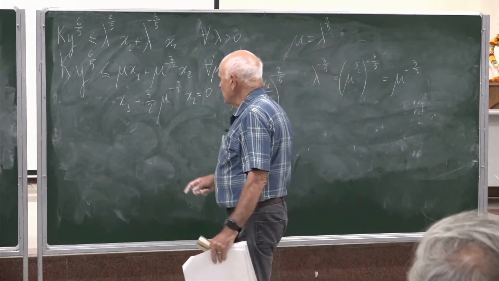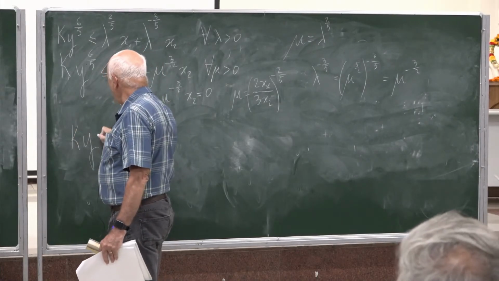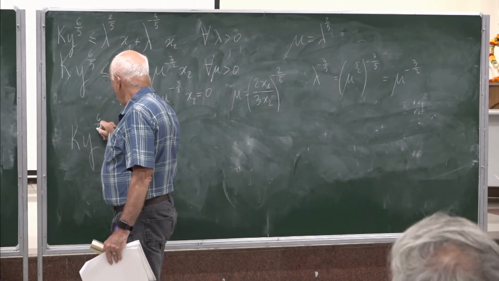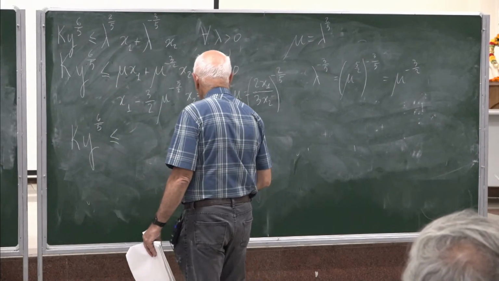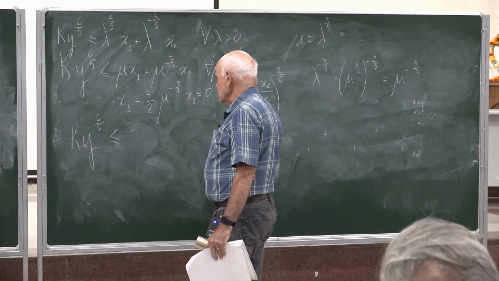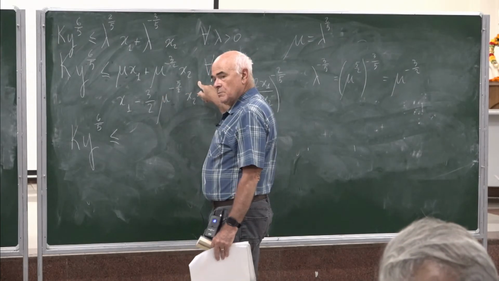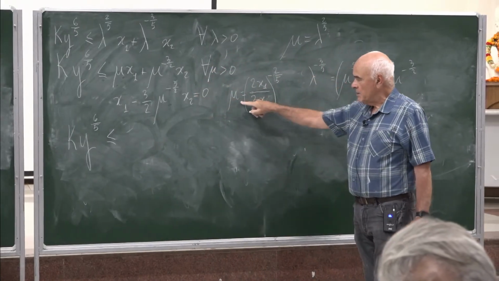And then all these conditions reduce to one condition. Less than or equal to the minimum of these values. And the minimum of these values is attained for this particular mu.